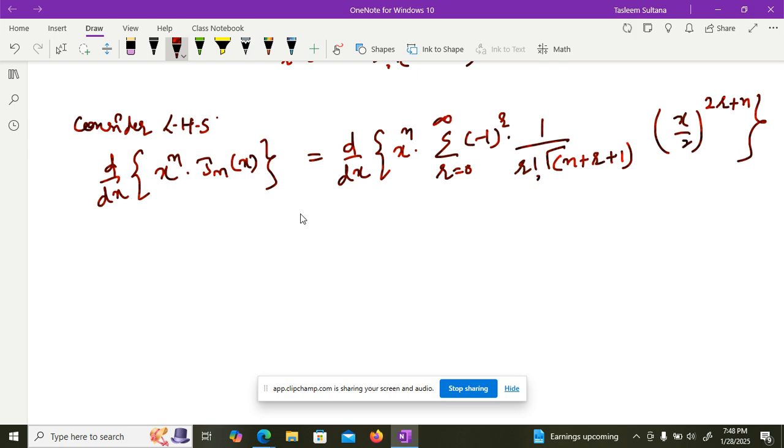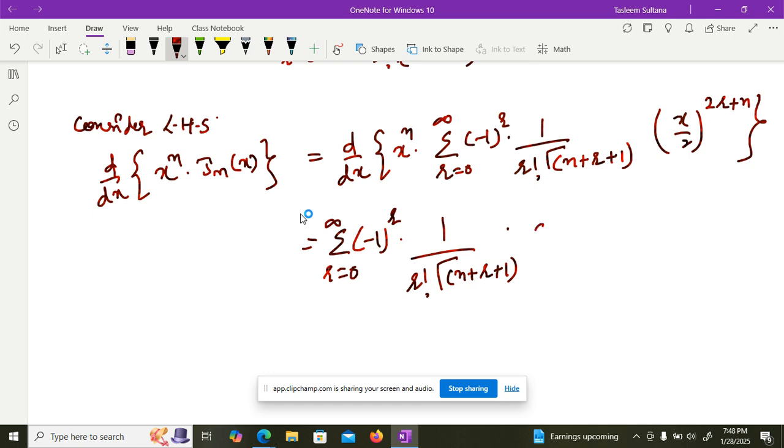So we can write summation r equals 0 to infinity, minus 1 to the power of r into 1 divided by r factorial gamma of n plus r plus 1 into 1 divided by 2 to the power of 2r plus n.